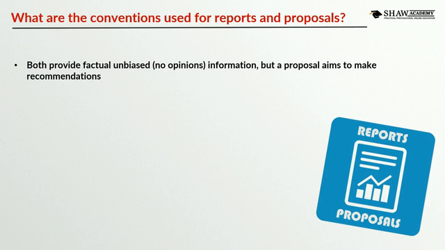Okay? So, unbiased means no opinions. So, both of them provide factual, unbiased information. Information with no opinion. But a proposal aims to make recommendations. So, both of them are very similar, but of course, a proposal aims to make recommendations.